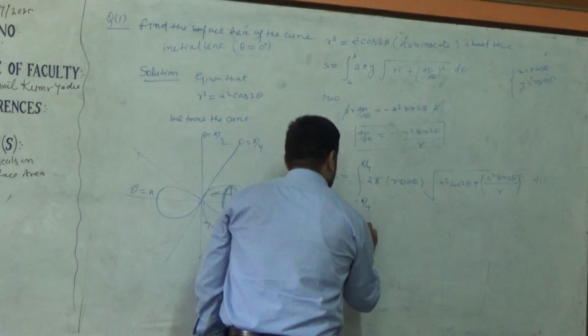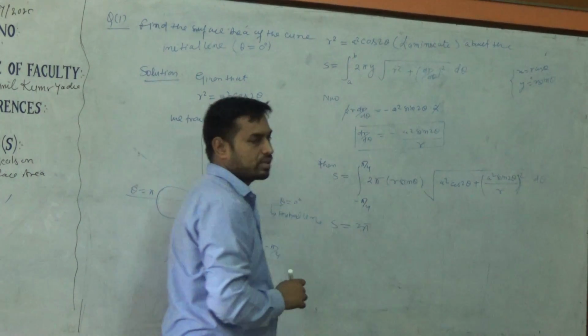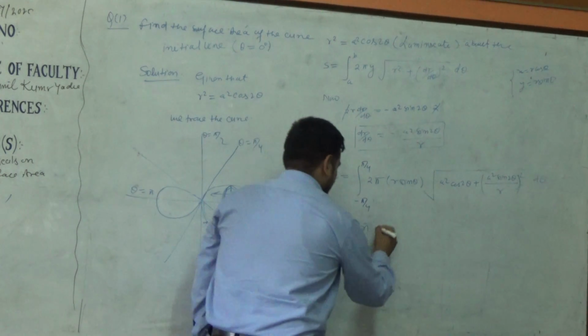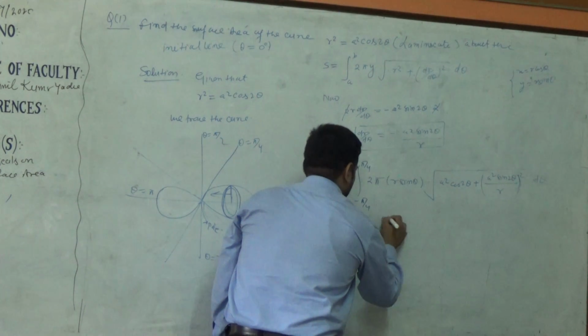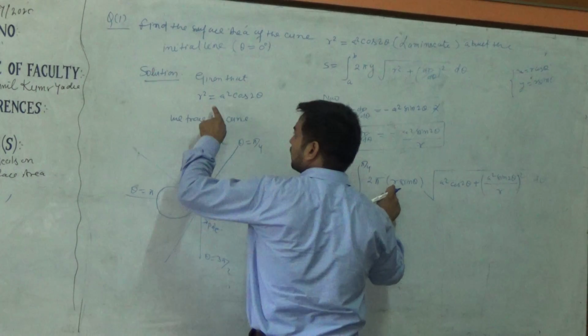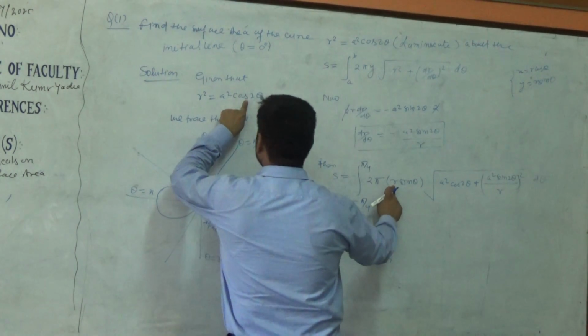2 pi is a constant, so take it outside the integration. Integral from minus pi by 4 to pi by 4, and the value of r is a root cos 2 theta.